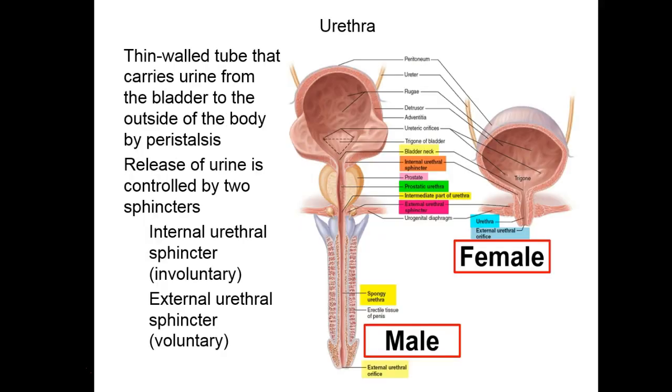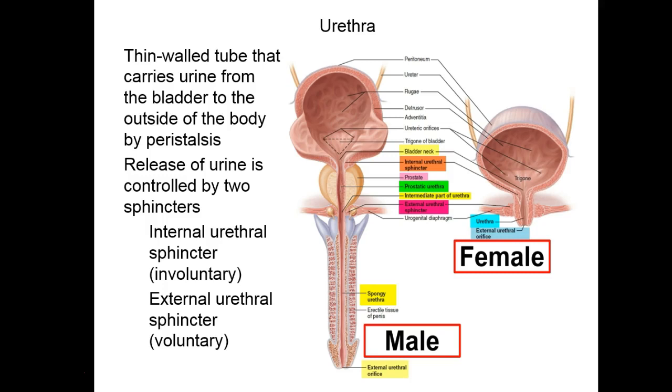The urethra is different in males and females. It's a tube, a pretty thin walled tube, that carries urine from the bladder to the outside of the body by peristalsis. So it's thin, but it still has a muscular layer to it. It's controlled by two sphincters, as we just said, an internal, which is involuntary, and an external, which is voluntary.